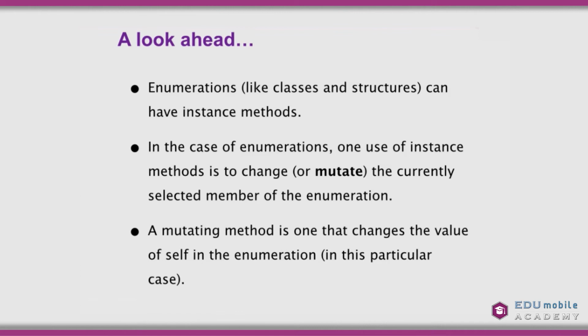A mutating method is one that changes the value of self in the enumeration. Self in the enumeration refers to that enumeration's current membership, which member I currently am. Hope that makes sense, and it will make sense in the demo.